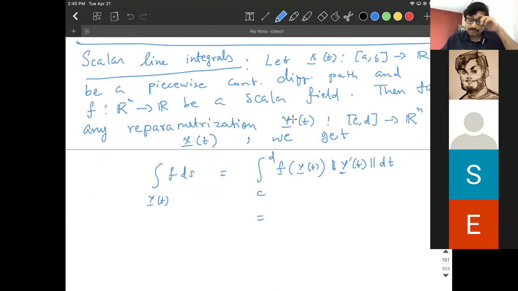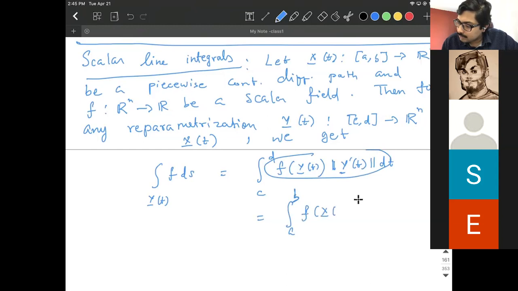If you recall the change of variable formula, you can apply it to see that this particular integral is exactly equal to what you get if you integrate from a to b the function f(x(t)) norm of x'(t) dt. So this follows from the change of variable of Riemann integration.